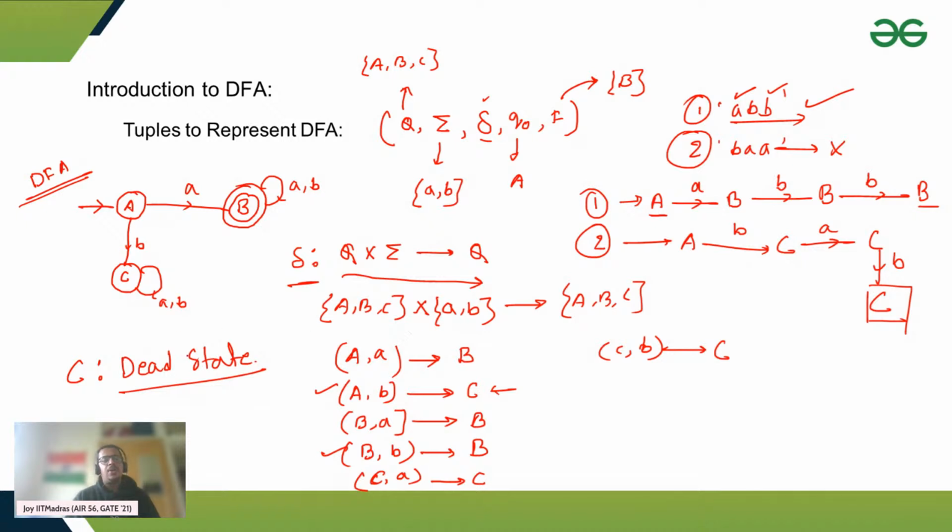Now I'm saying this C is a dead state because, given these production rules, if we go to state C, we cannot come back with any other inputs. We cannot come back to A, or go to the final state from that position. So that is why C is the dead state. Does it make sense?